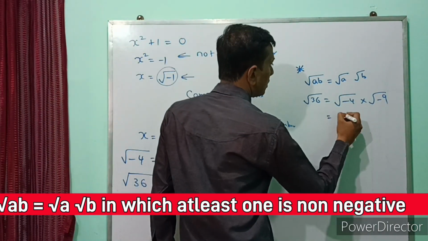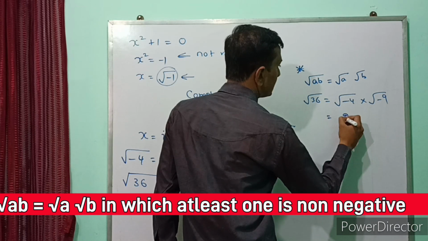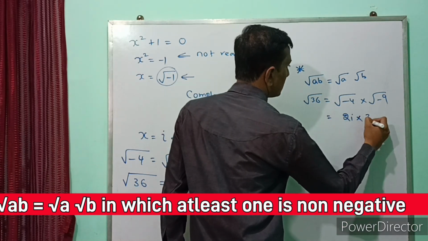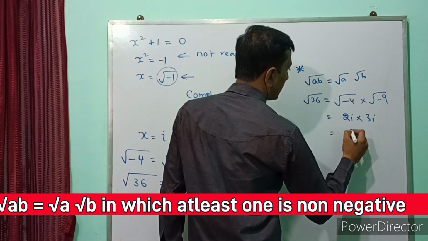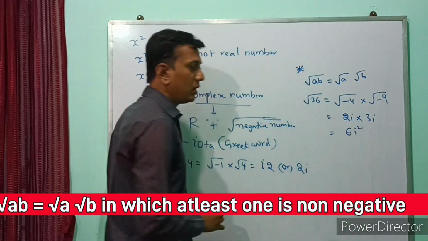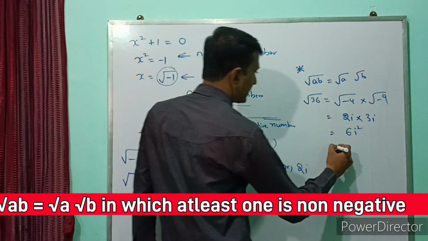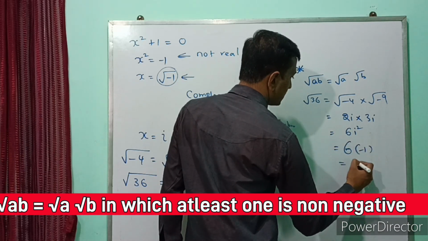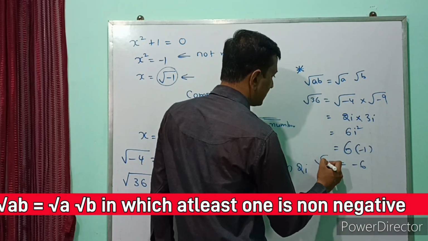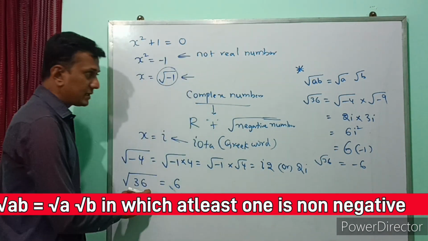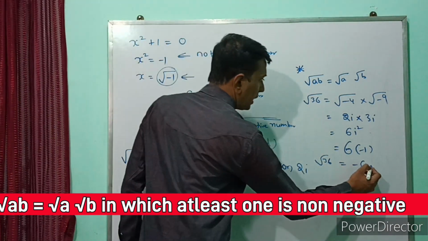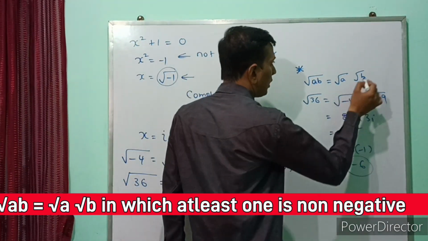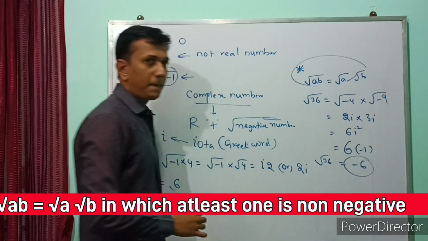So I can write it as 2i into 3i, 2 into 3, 6 i square. What is the meaning of i square? i square is nothing but minus 1. So minus 6. But actually what is the square root of 36? 6. So it leads to a wrong answer because we have not followed this condition.